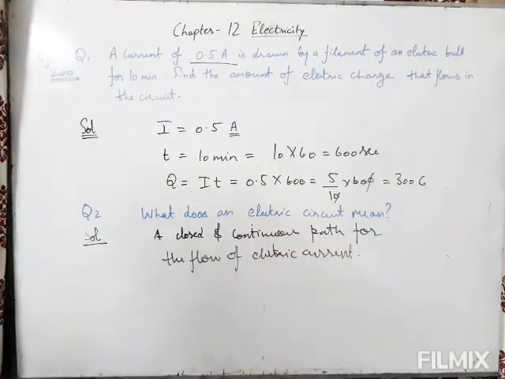So basically if there is a closed and continuous path for the flow of current, then that will be treated as an electric circuit.